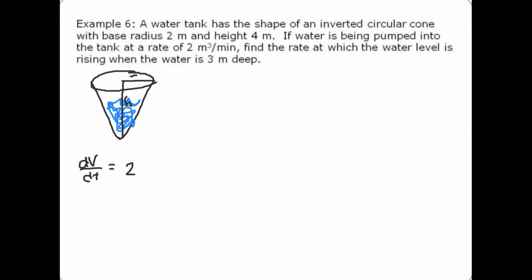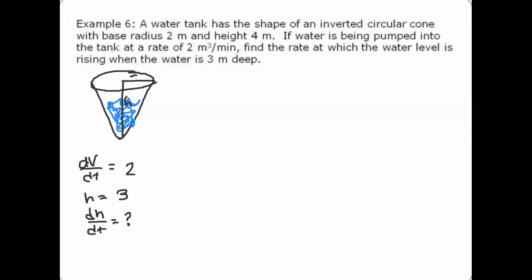It's positive because it's coming in. Find the rate at which the water level is rising when the water is 3 meters deep. So that means that we want to know what is the rate at which the water is rising at a height of 3. So we're looking for dh/dt when h is 3.